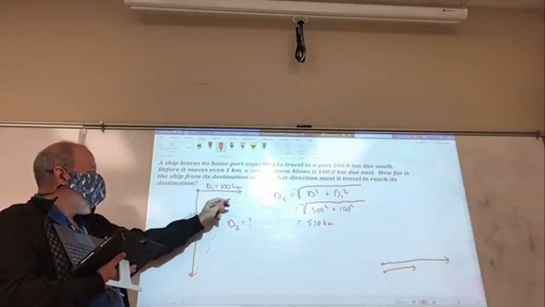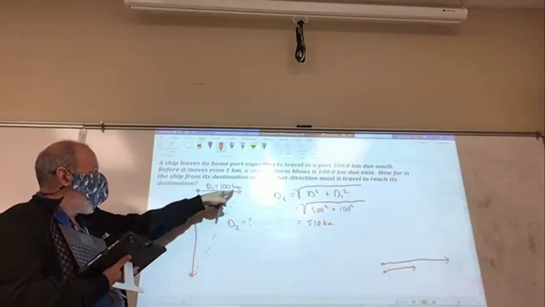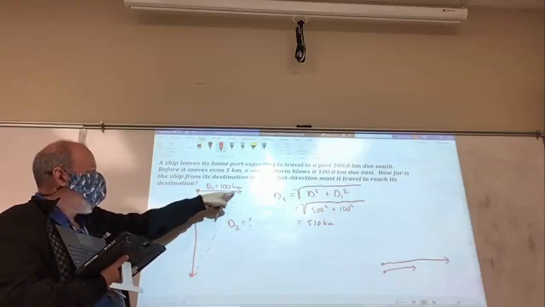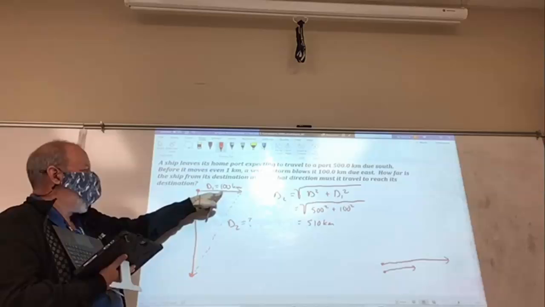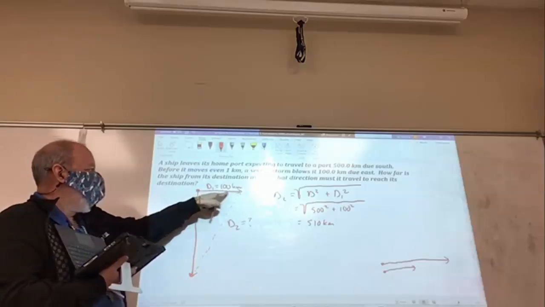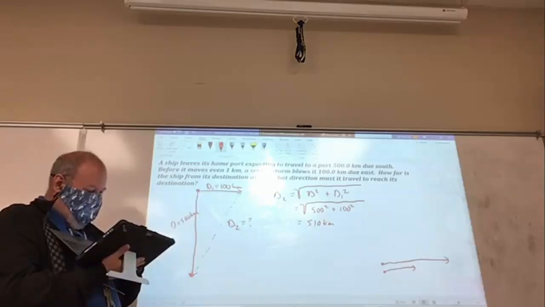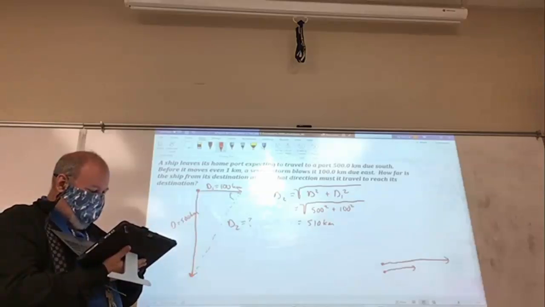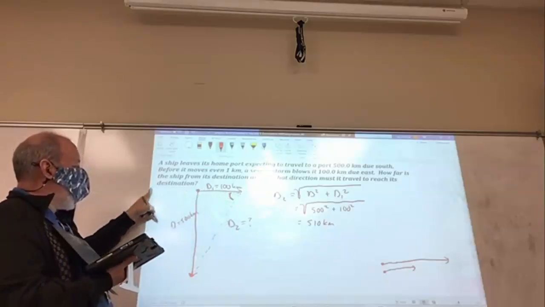I want to know what direction I need to go in, and I want to know what direction with reference. It doesn't matter what my reference is here. I'm going to choose my reference as the east line here. I want to know what the angle is with reference to going west.